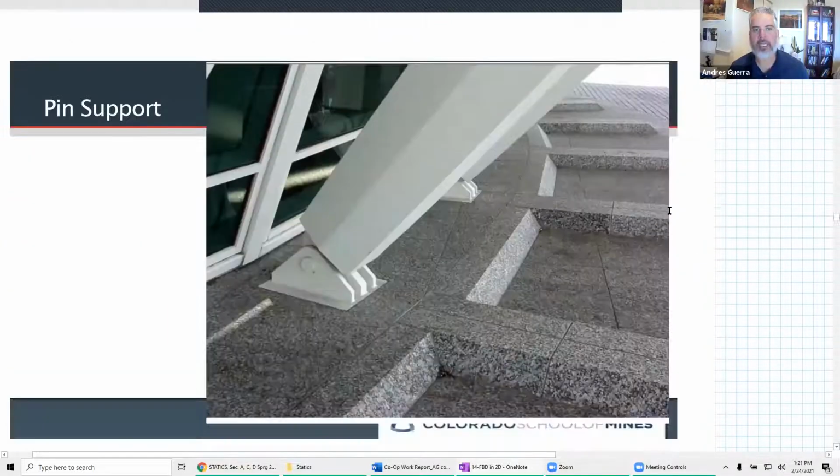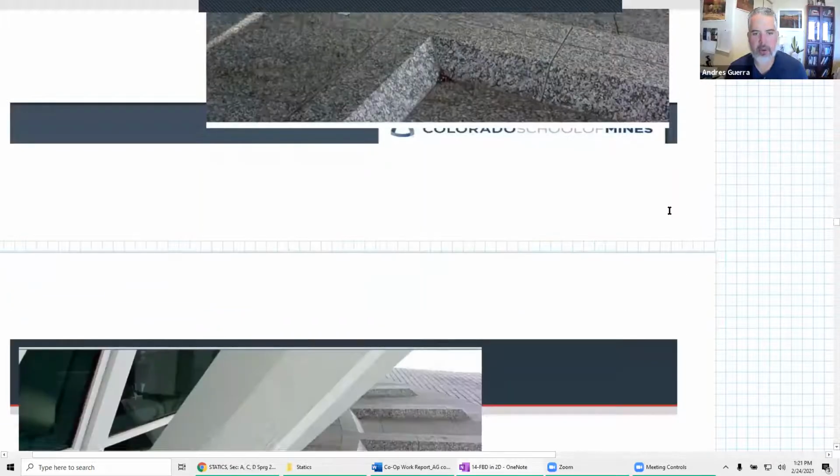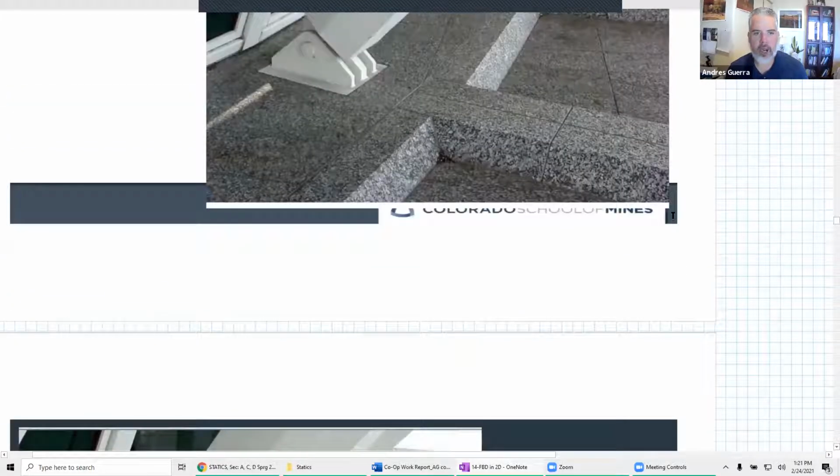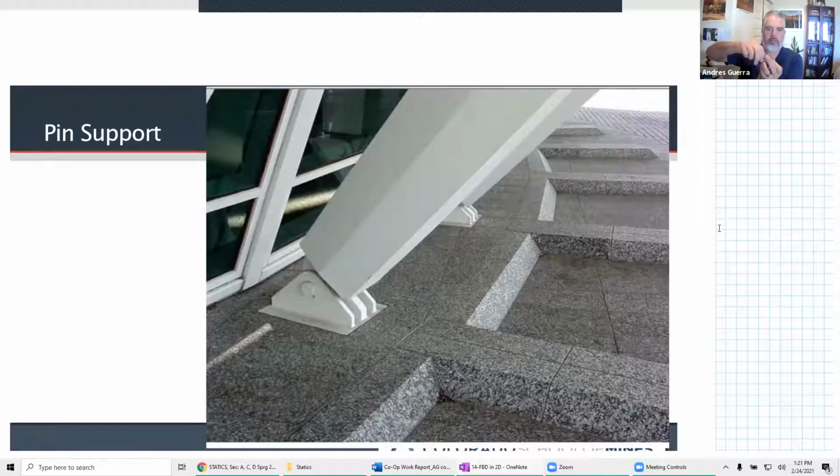So, for example, here's a pin support. All it is, is if I have a board and it's got a hole in it, and I stick a pin through there.